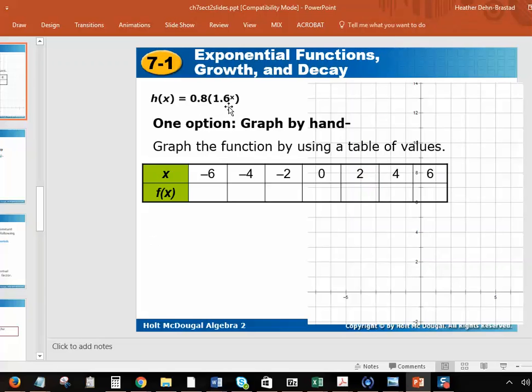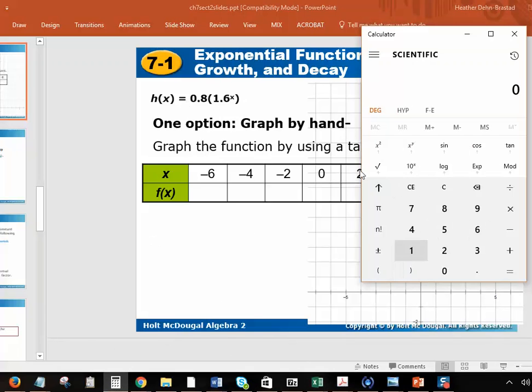You would put in the 1.6 to the exponent -6, and then hit equals, and then multiply that by 0.8.